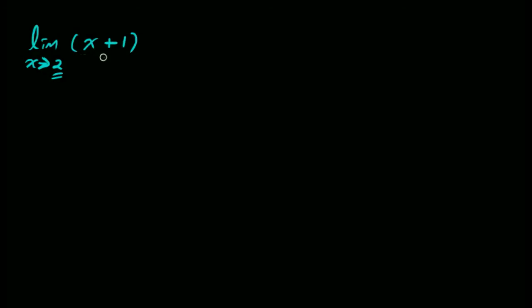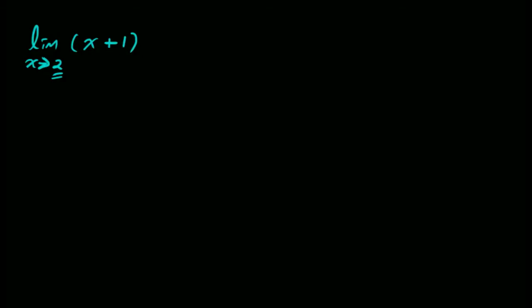This function is just going to look like a line if we were to draw it. And every point on that line is approached by the point right before it and the point right after it. It's a completely continuous function. There's no reason we can't plug any real number into this function and just get the answer. We could just take 2 and plug it in.